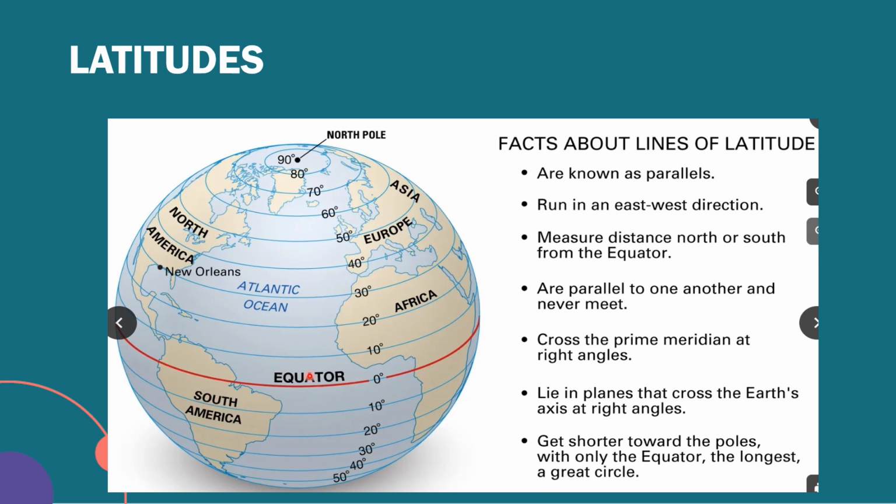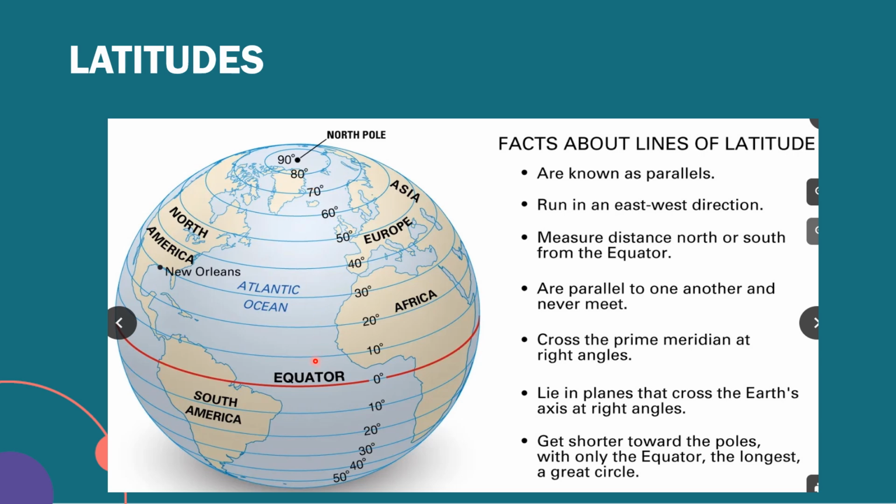Equator divides Earth into two equal halves. The part above the equator is known as the northern hemisphere and the part below is known as the southern hemisphere, right? And all these lines are called parallels of latitude.